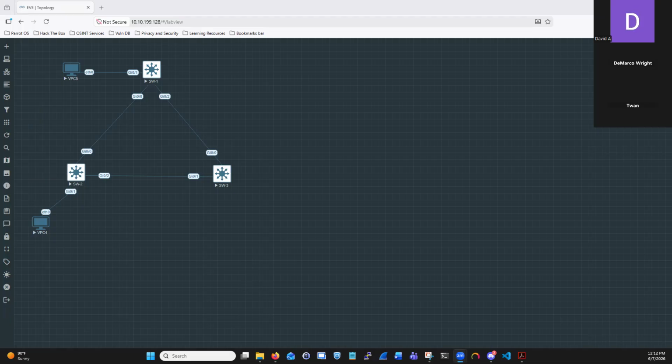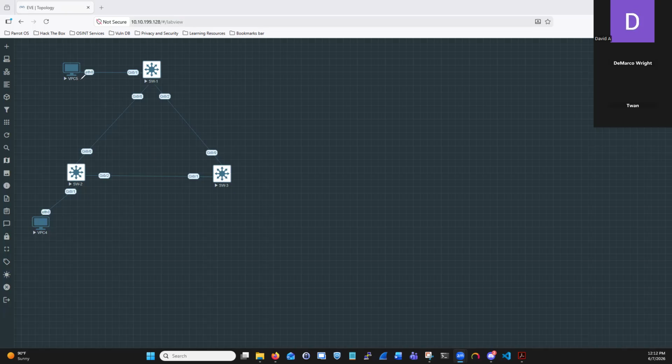What are these known problems that I speak of? Without spanning tree, and we'll get to talk about theory in a little bit, there aren't any mechanisms on redundant links that would stop an Ethernet frame from traversing constantly.